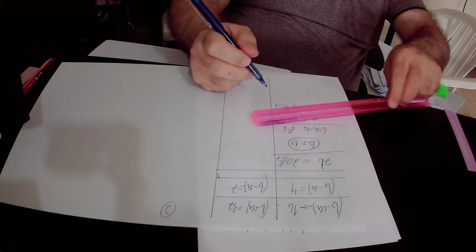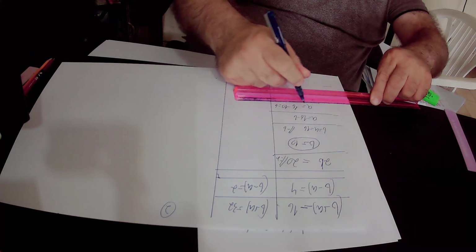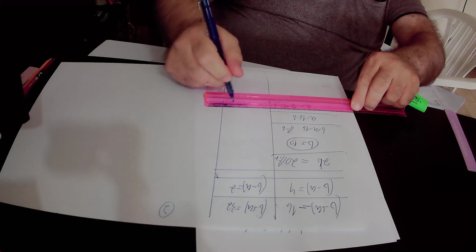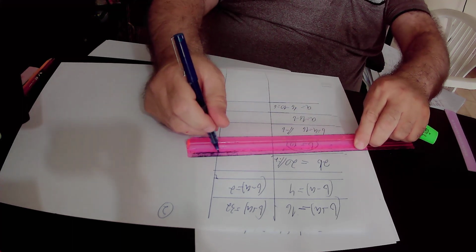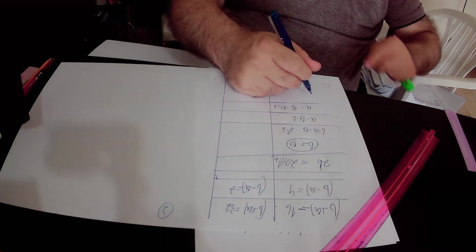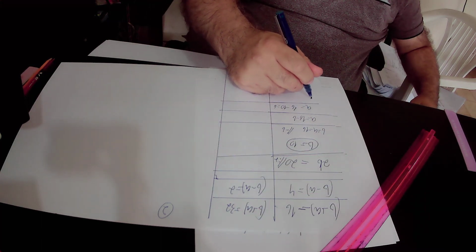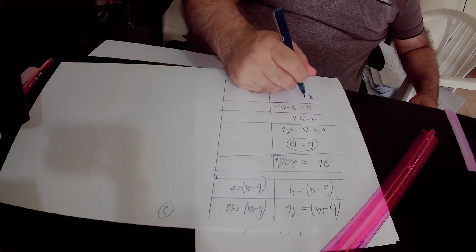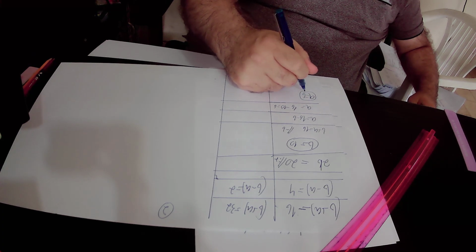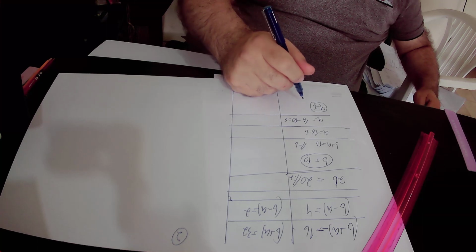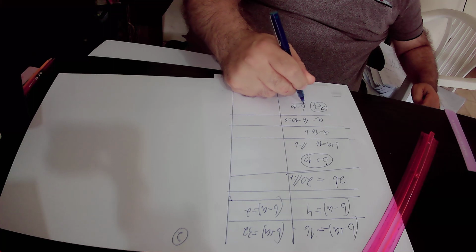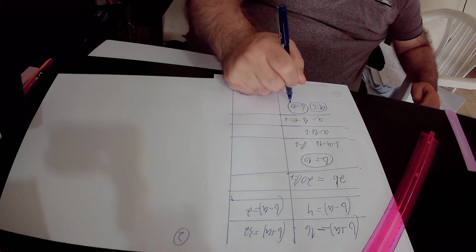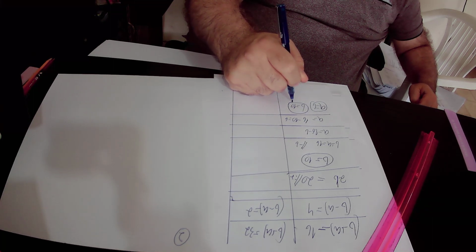So in conclusion we found out that a equals 6 units. That is the perpendicular of the right triangle ABC, and the hypotenuse b is equal to 10 units. This is the first option for the values of the sides of the right triangle ABC.